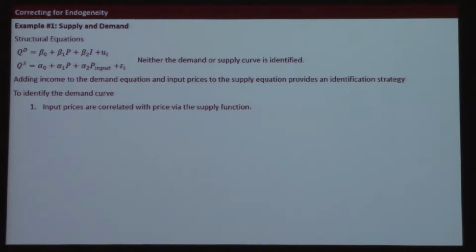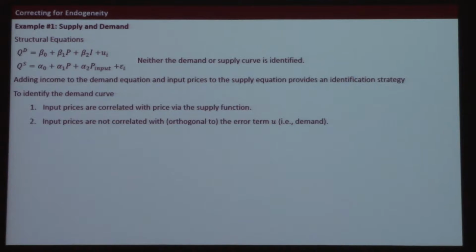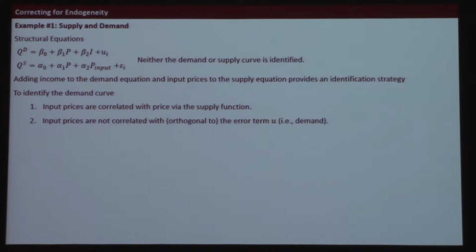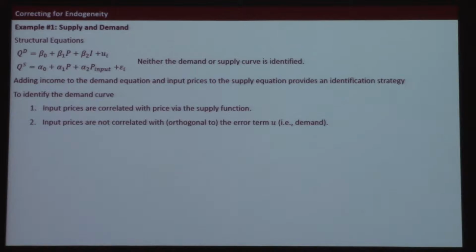As the price of inputs goes up, the price of the product is going to go up, whether it's computers, cameras, whatever. Price of inputs is going to be correlated with our product price. Does the price of inputs belong in our demand equation? No. It belongs in the supply equation, but it doesn't belong in the demand equation. So it's orthogonal to our demand equation. So it satisfies our two conditions. We only have two conditions. It satisfies our two conditions for a valid instrument.